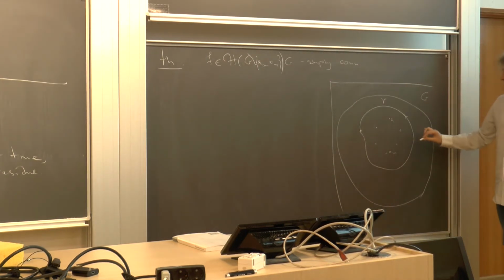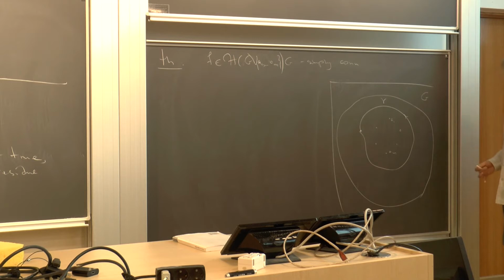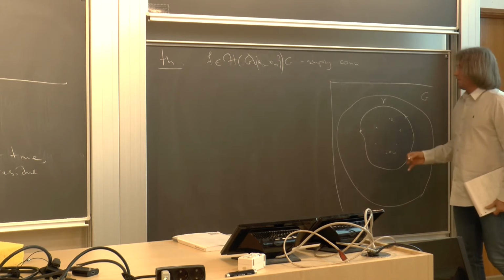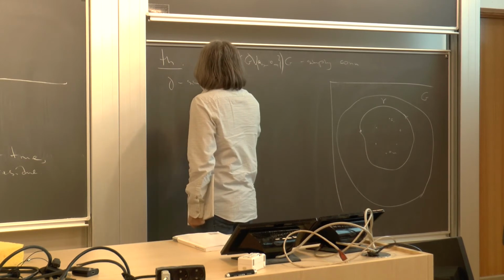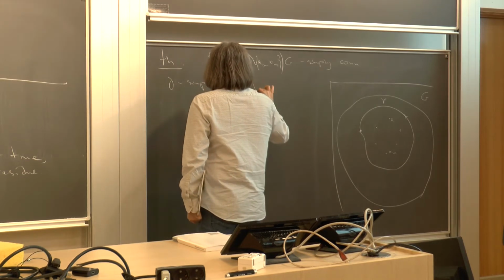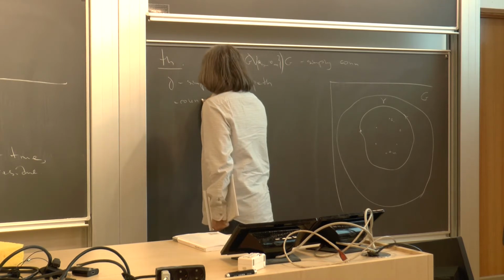All these points are inside the closed path, on the inner side of gamma, the simple closed path around all points.